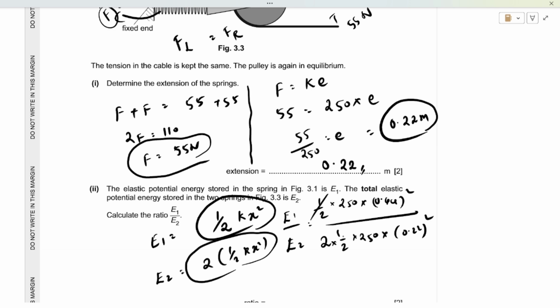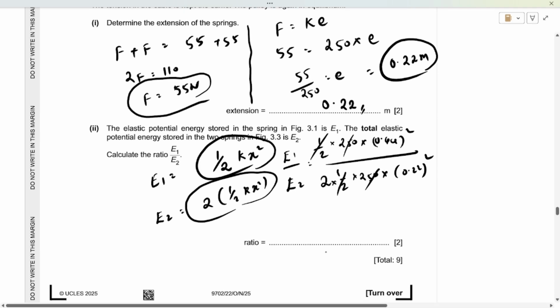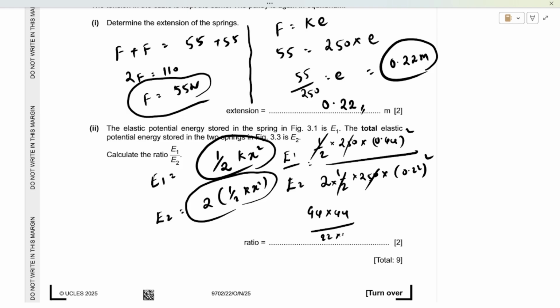So we can cancel this, cancel this. We have 0.44 square divided by 0.22 square, which is 44 into 44 divided by 22 into 22, and otherwise we have 1 by 2 here. So this and this get cancelled, 2 times 2 times. Cancelling this, the ratio will be 2:1.